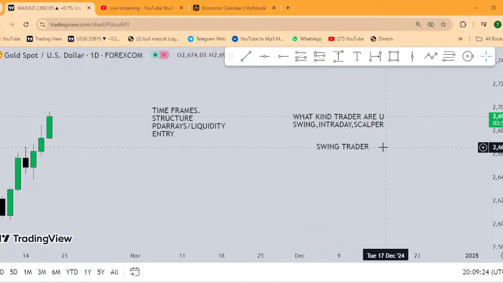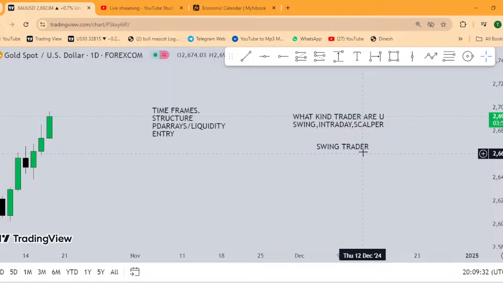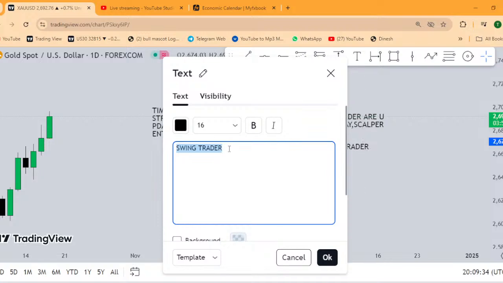So with swing trading, we are looking at these particular time frames. We are looking at the monthly chart, then we go to the weekly chart, then we go to the 4 hour chart for our entries.